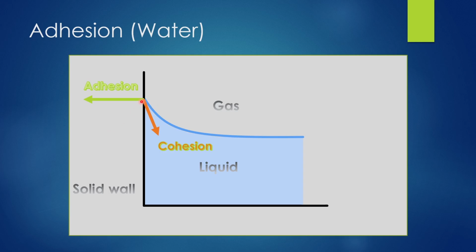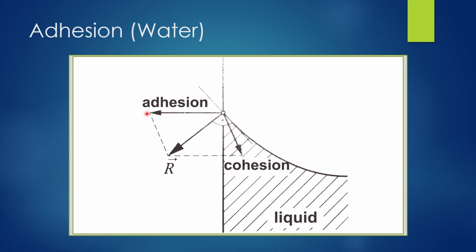So when we plot these two forces, and when we plot a resultant force of these two forces, what we get is a resultant force that looks something like this. The resultant force is also perpendicular to the free surface, okay? So this is the free surface of the liquid, and this is the curve, right?